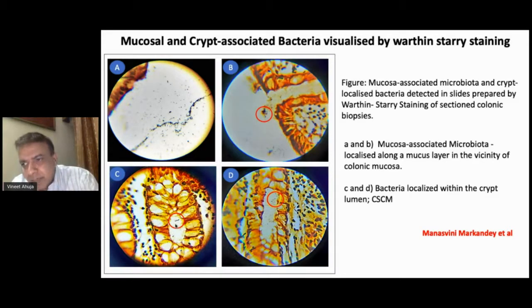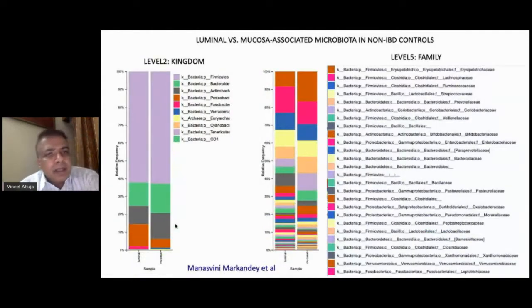Prior to that, there is one French paper which has also looked into it and found some evidence of crypt-associated bacteria. Then we looked at whether there was any difference between the microbiome structure in patients who have fecal microbiota versus mucosal microbiota, and it was seen that there is a difference not only at the level of the phyla, there's also a difference at the level of genus also.